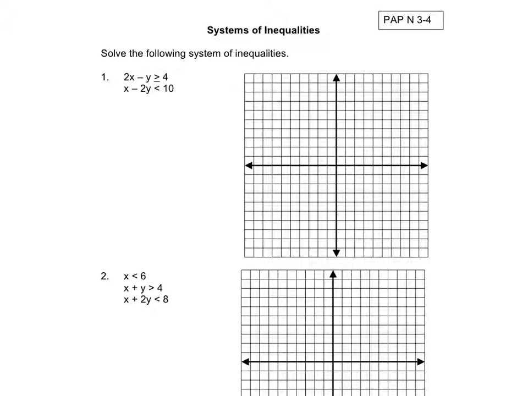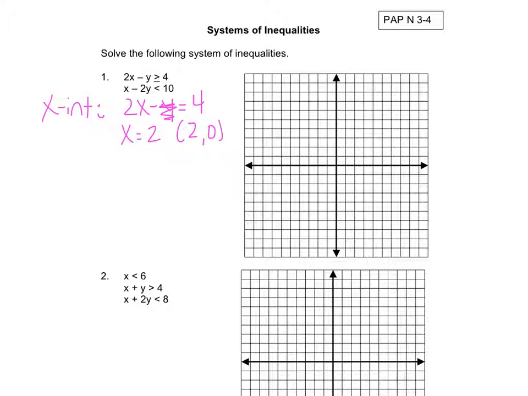Okay, so I'm still going to find the intercepts, x and y intercepts. So I'm going to start out with finding the x-intercept of the first one. So remember y is 0, so I'm going to have 2x minus y equals 4. So y is 0, so x would equal 2. So that ordered pair would be 2, 0.